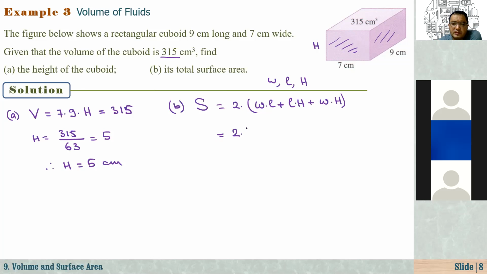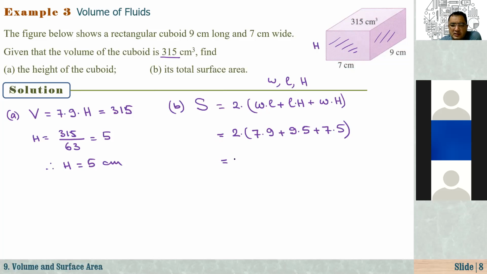So here we have 2 times, what is W here? That's equal to 7. Length is equal to 9. Plus length is equal to 9, height is equal to 5. And the third one, W is equal to 7, height is equal to 5. That is the total surface area of the cuboid.